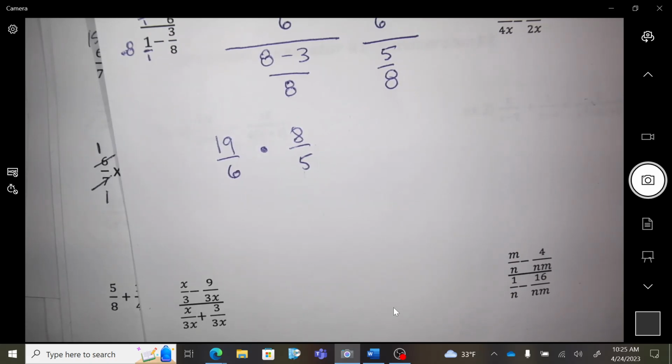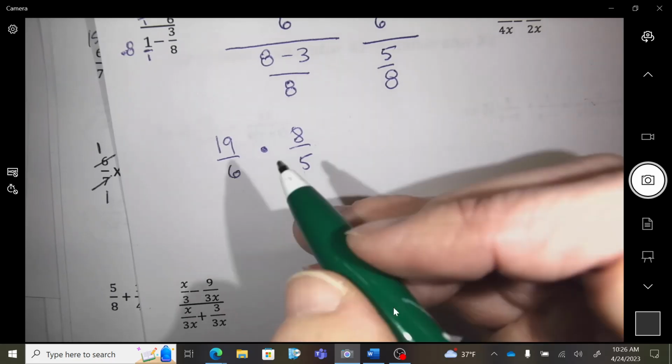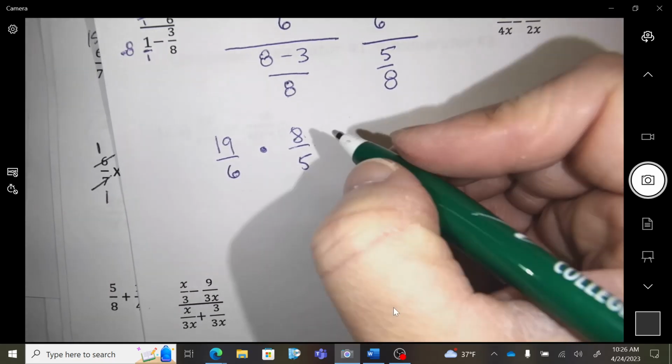Is there any numbers you see there that I could reduce by the same thing? Can you divide any of those numbers by the same? 6 and 8. 6 and 8 are both divisible by 2.